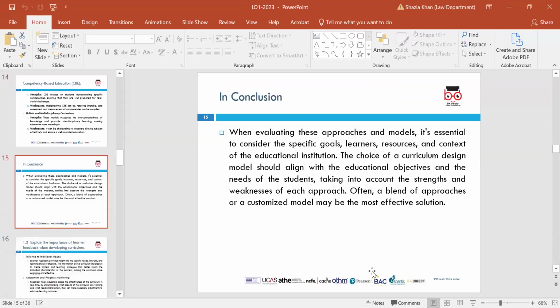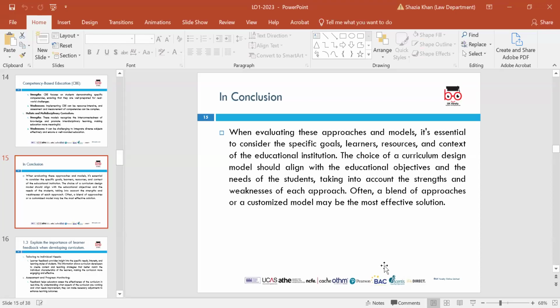So in conclusion to 1.2, where we've looked at the different approaches and theories, when evaluating these approaches and models, it's essential to consider the specific goals, learners, resources, and context in the educational institution. The choice of a curriculum design model should align with educational objectives and the needs of students, taking into account the strengths and weaknesses of each approach.